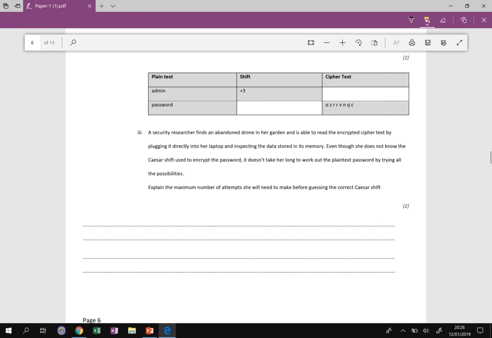Even though she does not know the Caesar shift, the number used to encrypt the password, it doesn't take her long to work out the plain text password by trying all the possibilities. We have to explain the maximum number of attempts she will need before guessing the correct Caesar shift. So you need to state the maximum number of attempts, and say why that's the maximum number of attempts necessary.